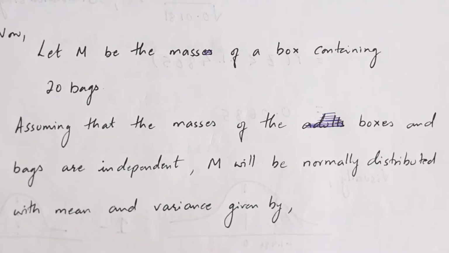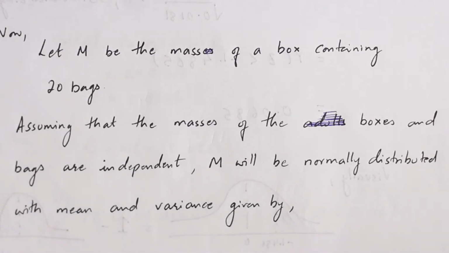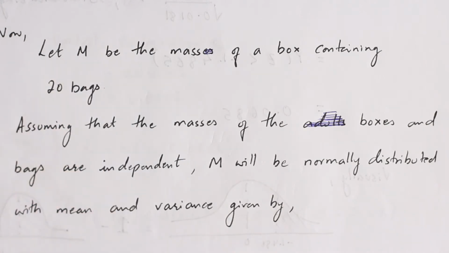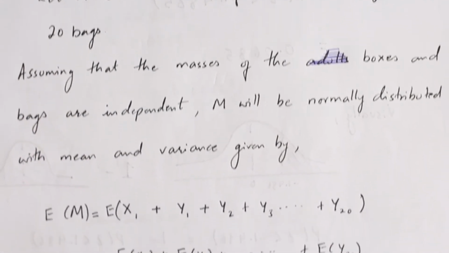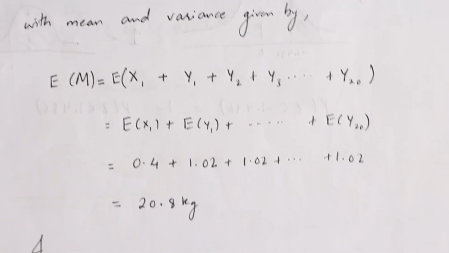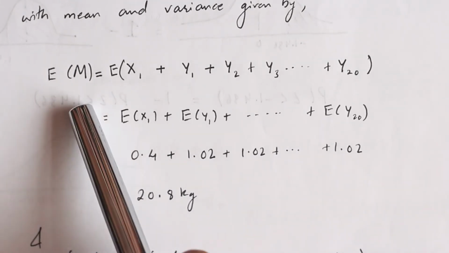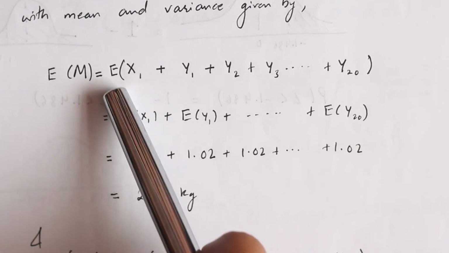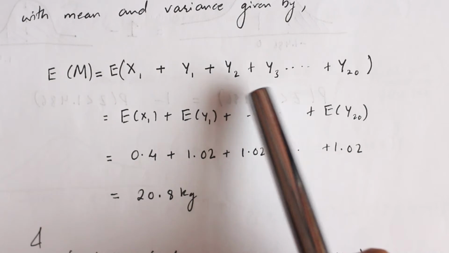Now in this case, the distribution for bags and the distribution for boxes are given, and so you want to find the total mass, right? So total mass, I'm representing it by M. In this case, you find that the expectation of the mass is given by E of X1 plus Y1 plus Y2 plus Y3.